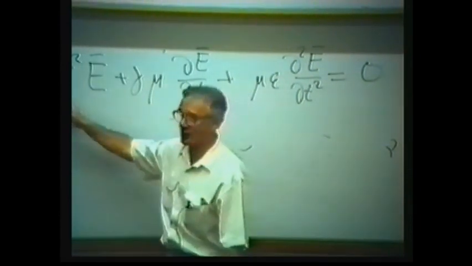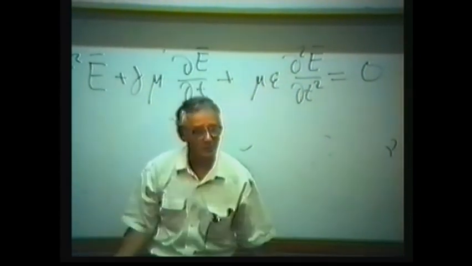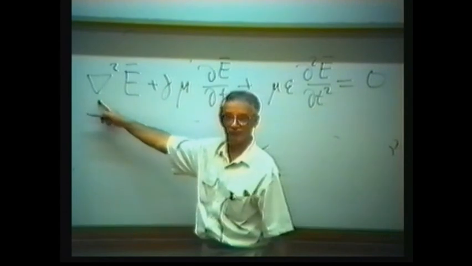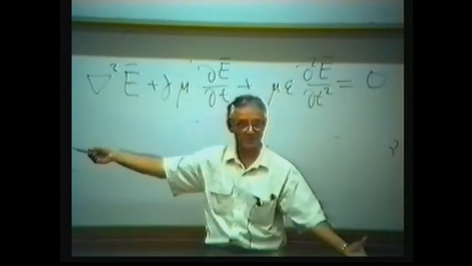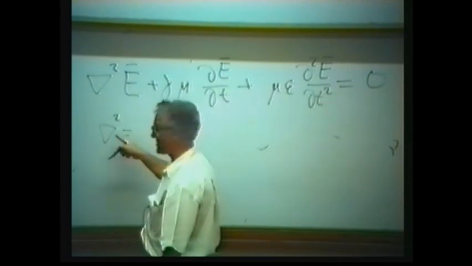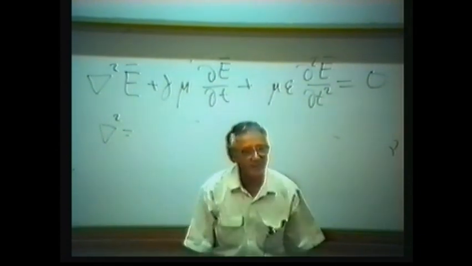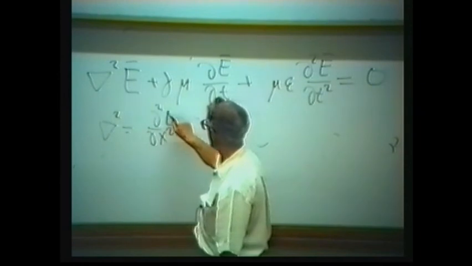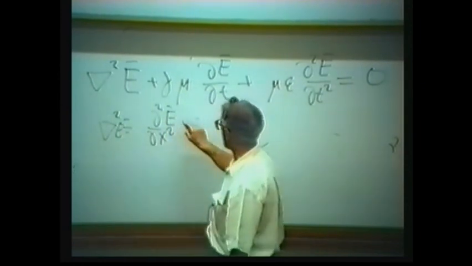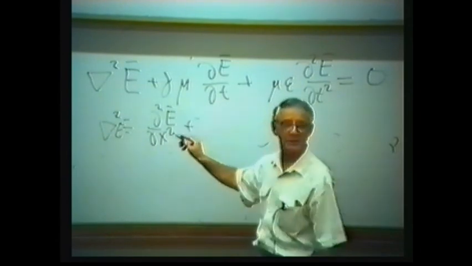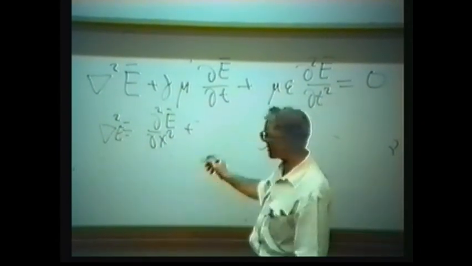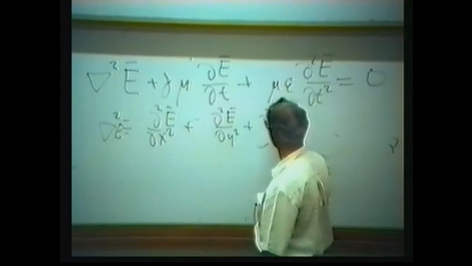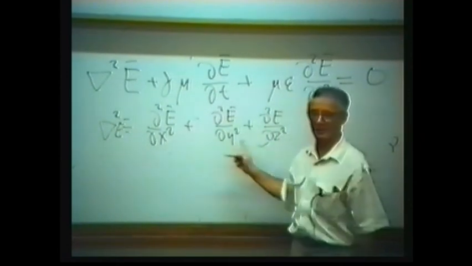For those who forgot what the Laplacian means, for example in the Cartesian system of coordinates, it is the symbol which says take the second derivative with respect to x, plus the second derivative with respect to y, plus the second derivative with respect to z. That's your Laplacian.